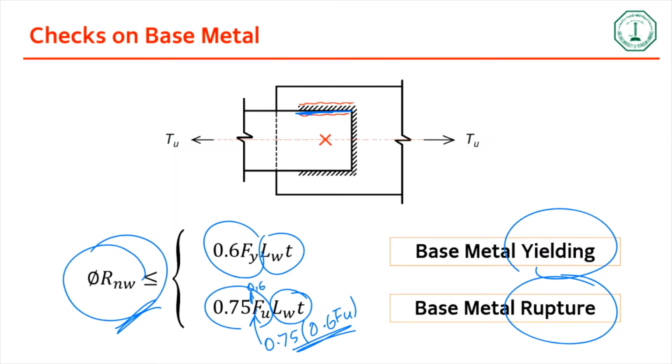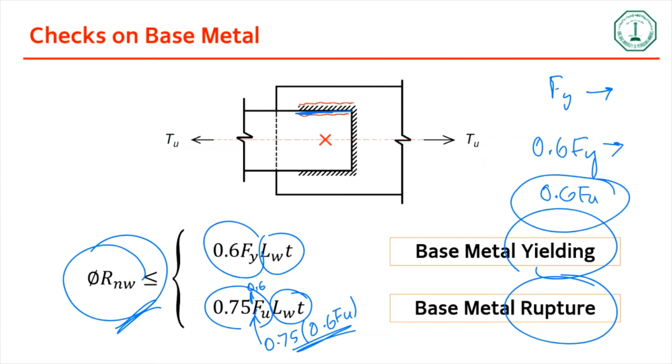So it's easy to study because Fy is the yield strength. If you want to get the shear strength, you just multiply it by 0.6. So this is the tensile strength, this is the shear strength. Now, when it comes to rupture, it is 0.6 times Fu, but in rupture you have to use a factor of safety of 0.75. So that's what we use here.